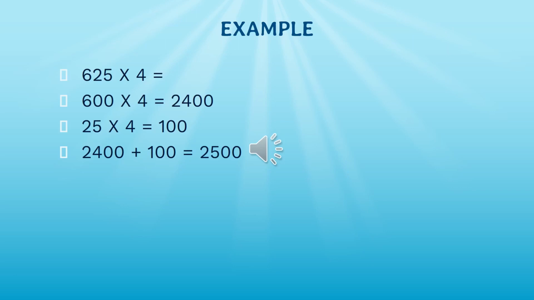So next is to multiply 600 by 4 and 25 by 4. 600 times 4 is 2,400. 25 times 4 is equal to 100. Adding these two, 2,400 plus 100, that's equal to 2,500.